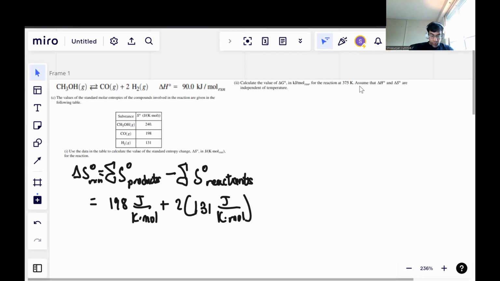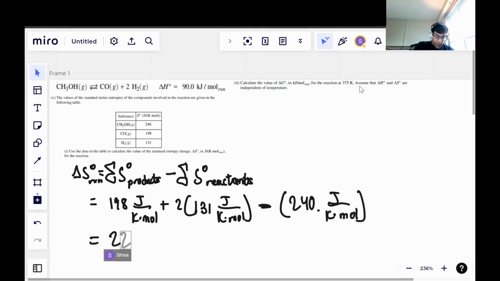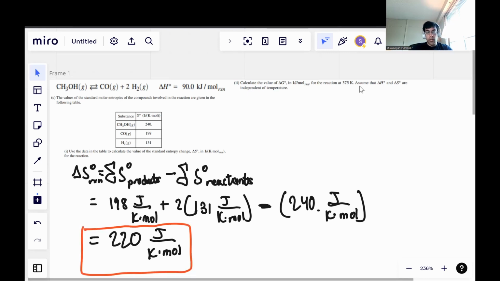And we're going to be subtracting that from, in this case, the only thing that we have is methanol, which is going to be 240 joules per Kelvin mole. And if we do this operation, we get 220 joules per Kelvin mole. So that should be our answer for this question.